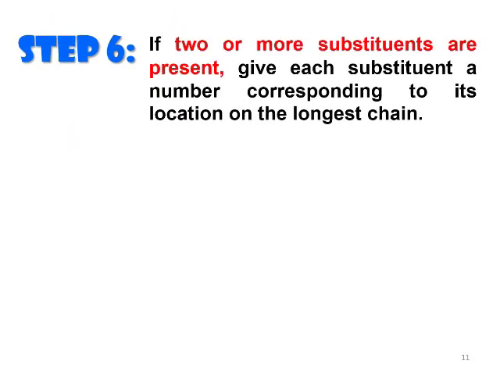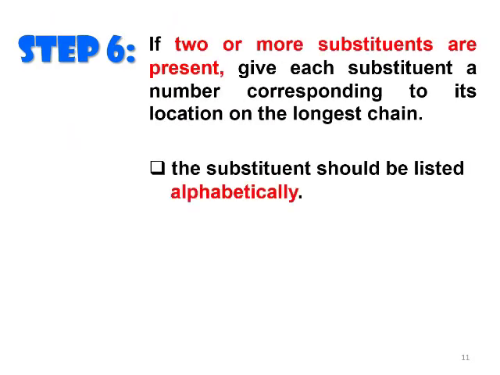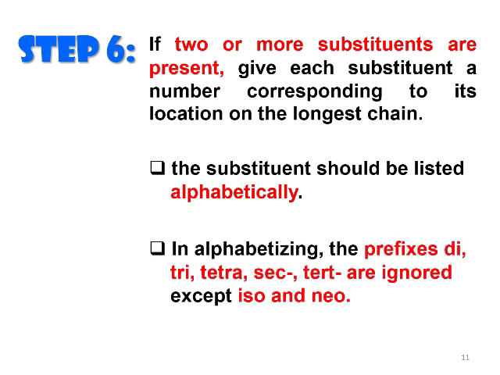Step number 6. If 2 or more substituents are present, give each substituent a number corresponding to its location on the longest chain. The substituents should be listed alphabetically. In alphabetizing, the prefixes di, tri, tetra, and tert are ignored, except iso and neo.